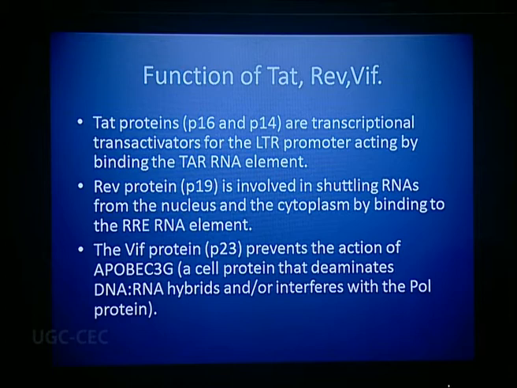Similarly, the VIF protein or the P23 prevents the action of a cell protein that causes deamination or damage to the virus. So it's a protective protein. Of course, when you attack, you must protect yourself from any retaliation from the host. It's obvious. So then we come to three more.